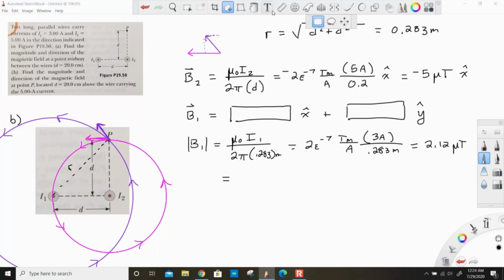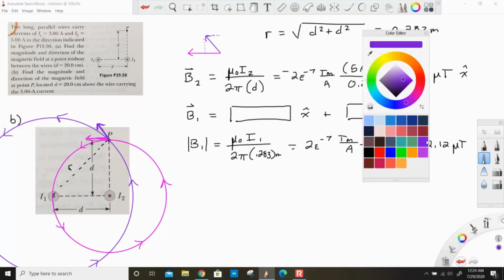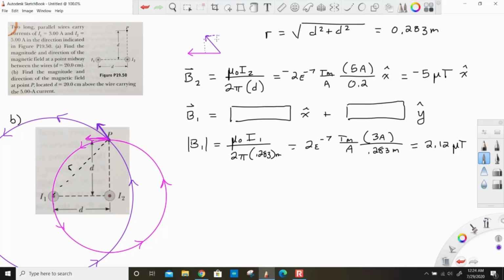Let me clear out this bit. Okay, so what that means is we can label this as 2.12 microtesla, and we'll label the other one as 5 microtesla magnitude, right? Our objective is to figure out how much of the shadow of this one matches this one, right? So we need the x component. In order to find the x component, we know this is at a 45 degree angle.